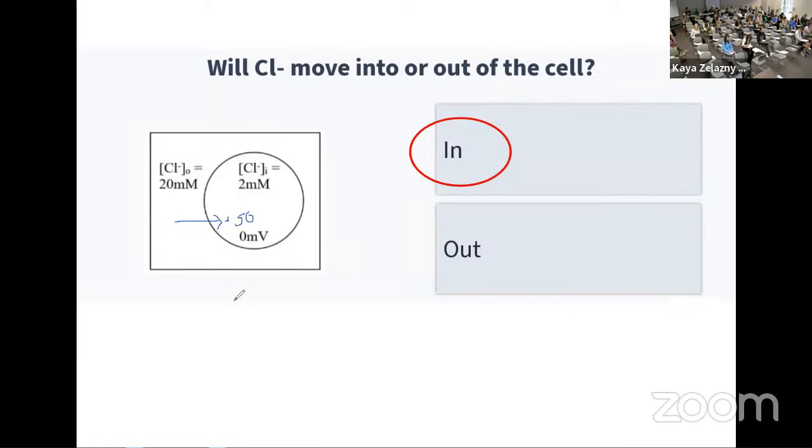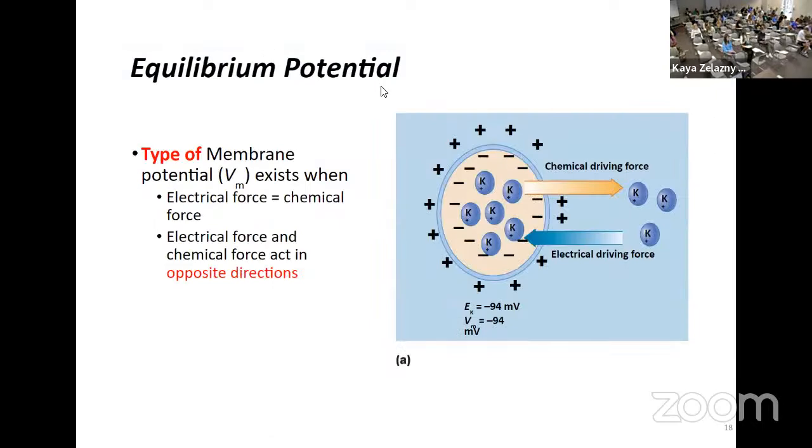Or if we had our usual negative 70, that would push chloride away from it. So we can do this with positive and negative numbers. But we'll pick up next time talking about the equilibrium potential.